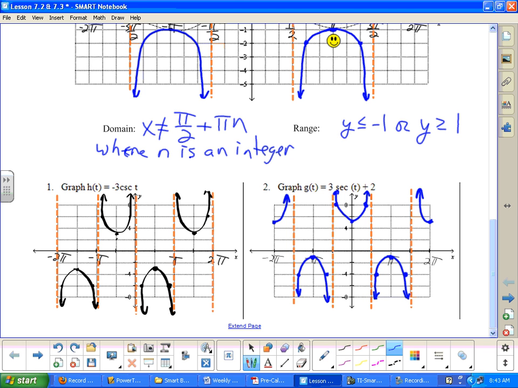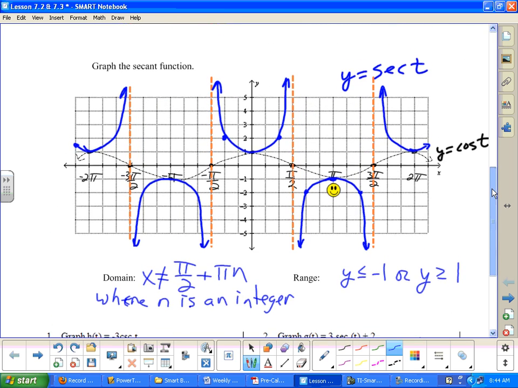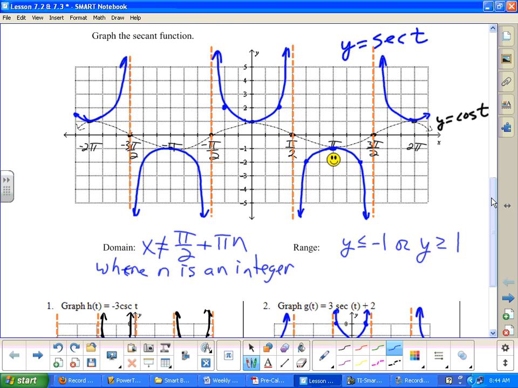So these we were looking at vertical stretches, reflections, and vertical shifts. That's the reason why we did the original graph, so then you can just go to those original graphs, redraw them, and then use them to do your transformations.